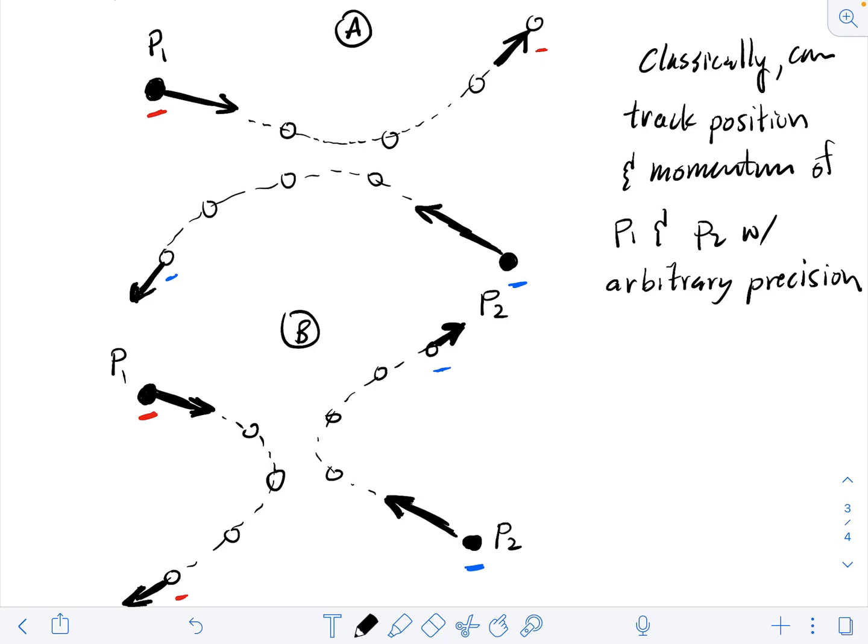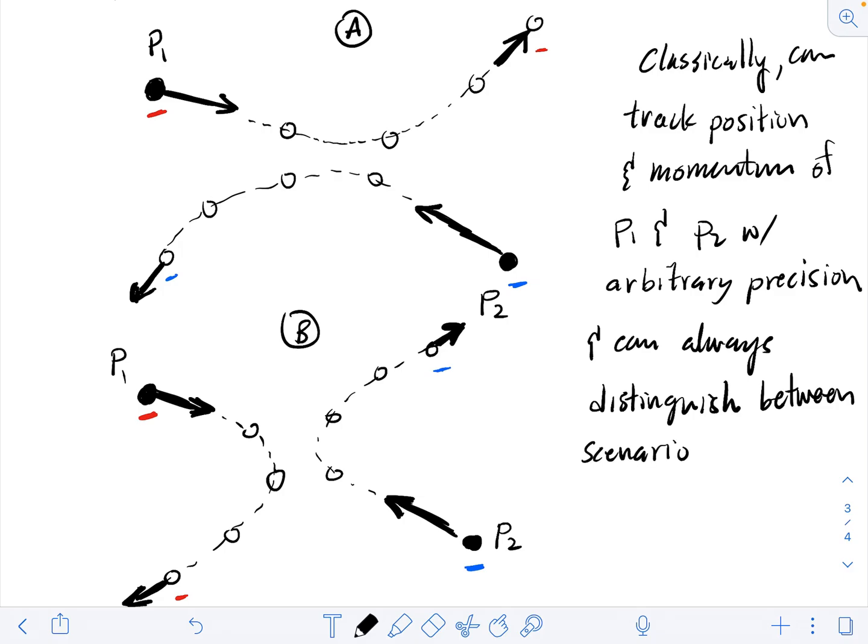Because of that, we can always distinguish between the two particles at all times, and therefore distinguish between the two scenarios, A and B, even if the two particles P1 and P2 are identical.